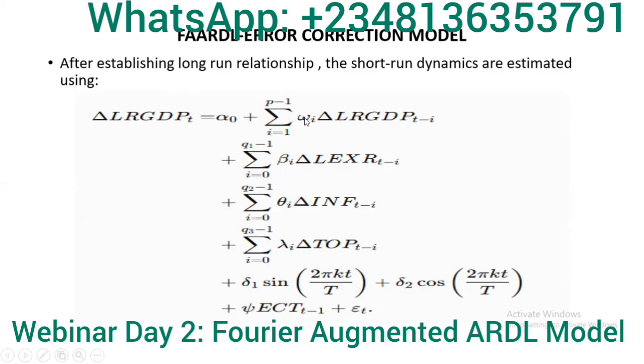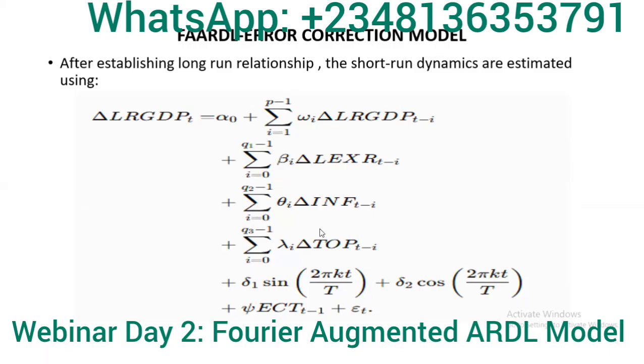You can see this parameter omega here represents the short-run coefficient for the lagged dependent variables. Beta is also the short-run coefficient for the exchange rate, and the short-run coefficient for inflation.